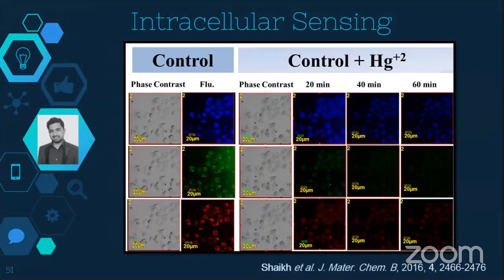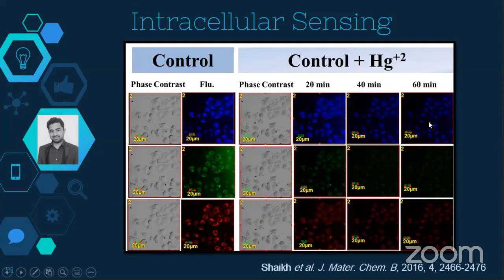After having very good photophysical properties and very strong fluorescence, we again thought to check whether we can actually detect mercury inside the cell line. As per our plan, when you add carbon nanoparticles, they are highly fluorescent, but after adding mercury 2 plus ion, over time you can see that the fluorescent intensity started decreasing.